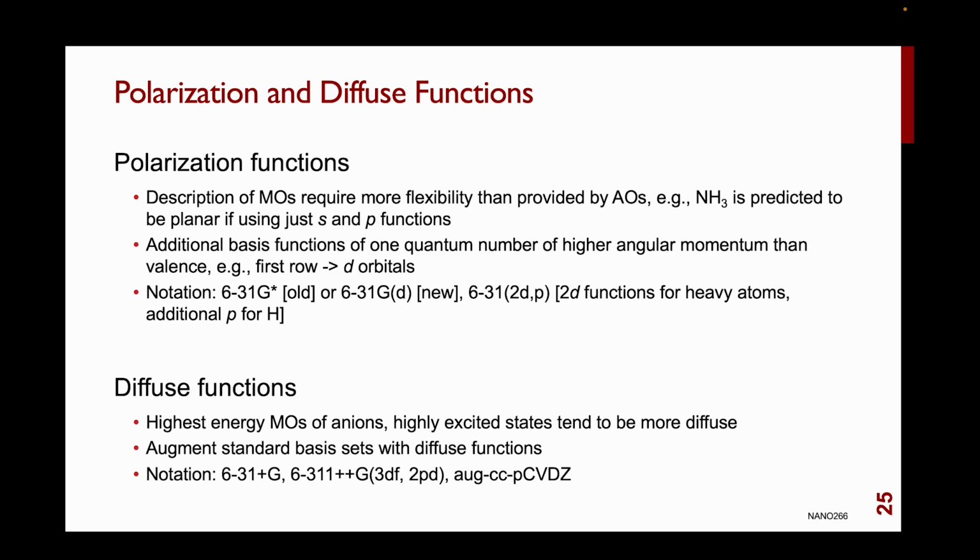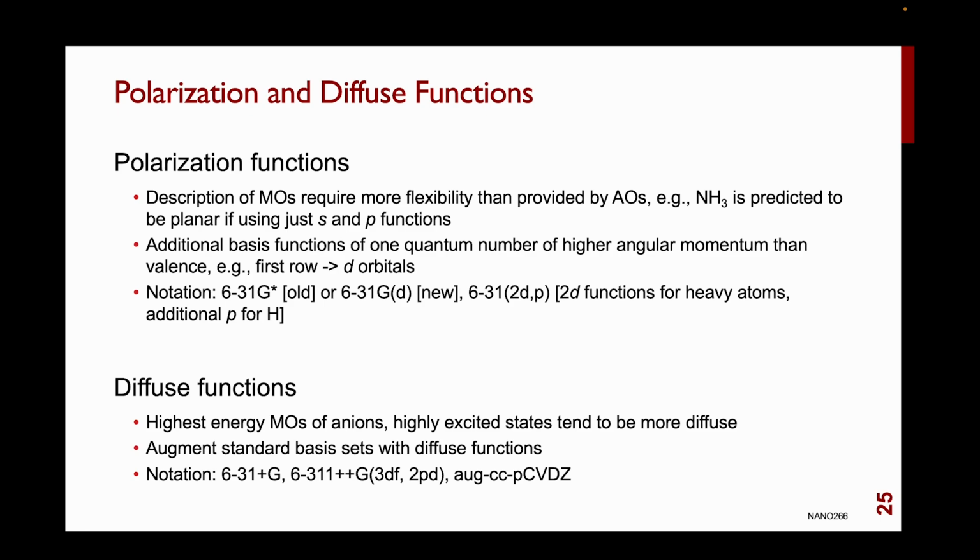So the way that you usually do this is to just add basis functions of one quantum number higher angular momentum compared to the valence, right? In other words, if I'm using the first row of elements, what I would do is add d orbitals to my first row, and so on and so forth.